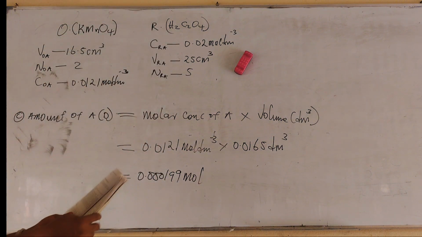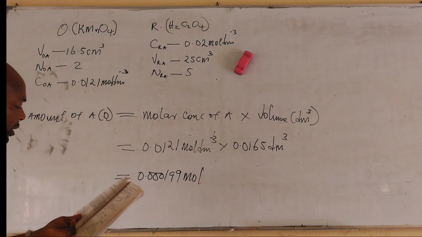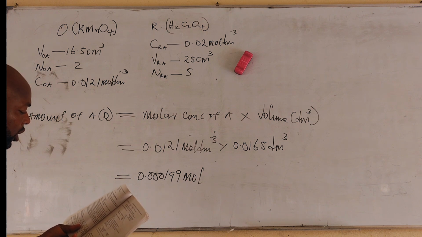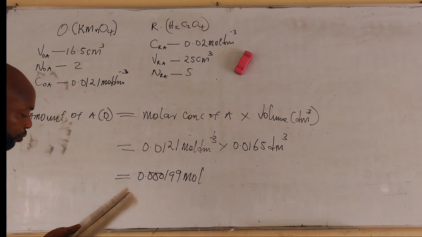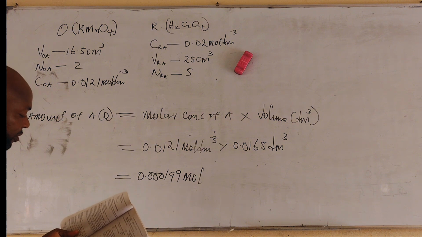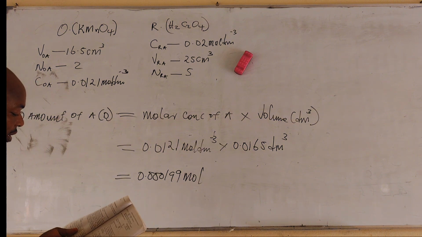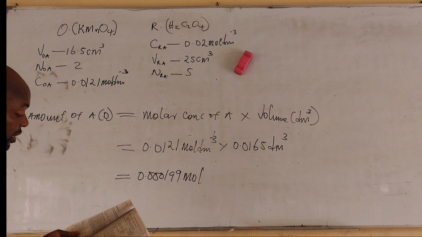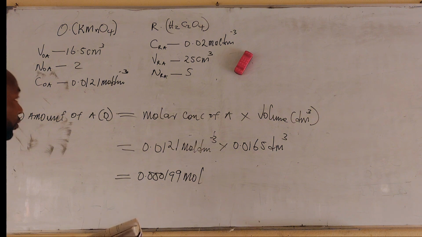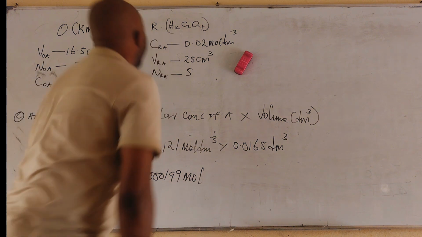Our next question says that A is a solution containing 3.70 g per dm cube of an acid H2X. B contains 2.15 grams of sodium hydroxide per 250 cm cube of solution. We should put A in a burette and titrate it against 20 and so on and so forth. So let's be writing the variables down.